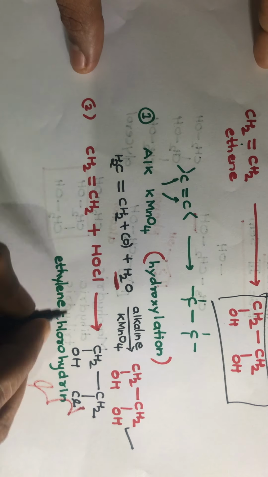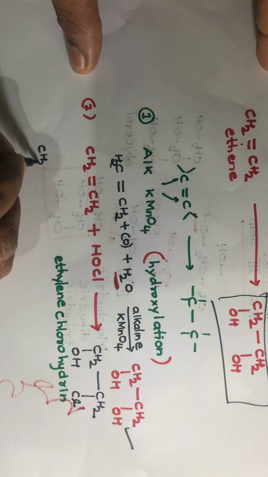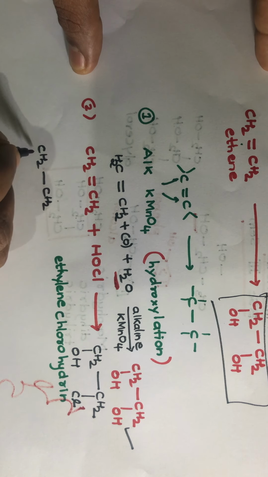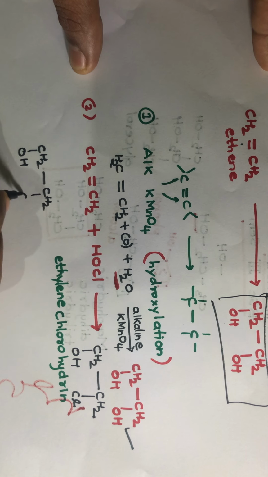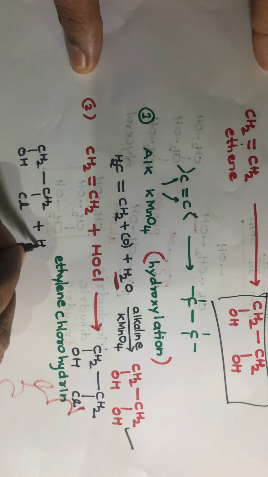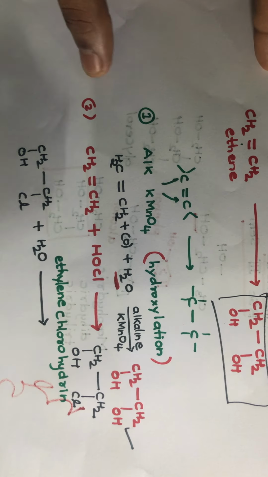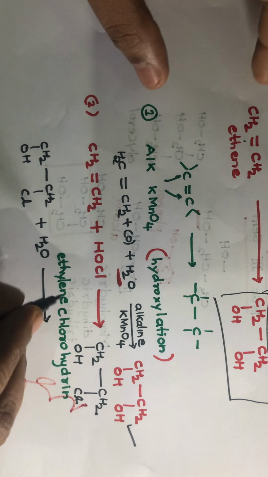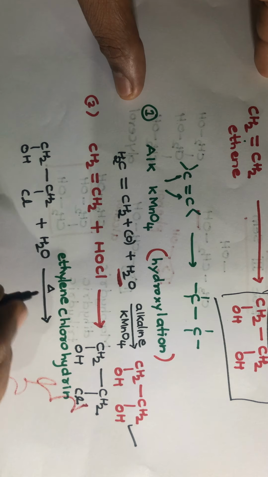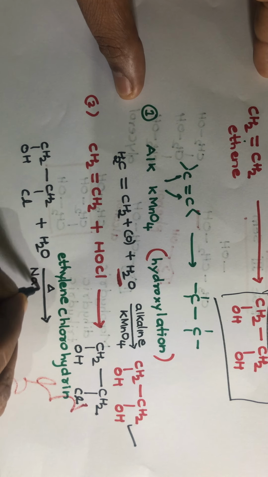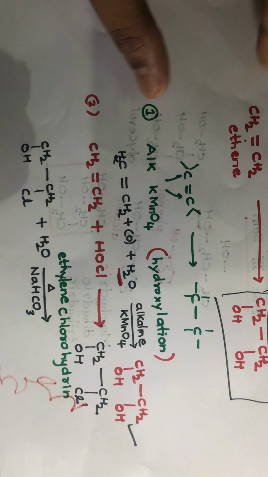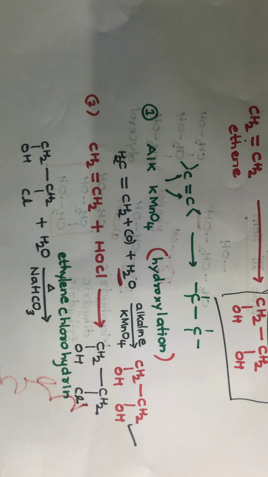See what happens now. This ethylene chlorohydrin, that means CH2OH CH2Cl, is subjected to hydrolysis. It is slightly heated in the presence of sodium bicarbonate solution. When you hydrolyze it using sodium bicarbonate solution, this Cl gets replaced by OH.